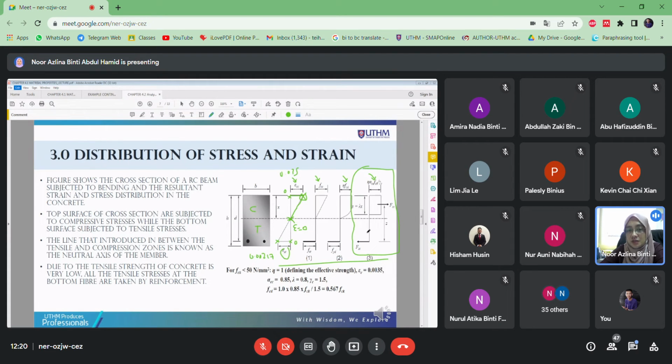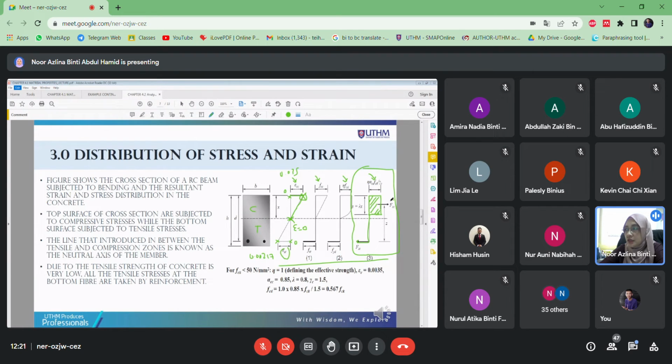We call this the stress strain diagram. This is the stress that refers to the concrete stress, and this line refers to the force of the steel.